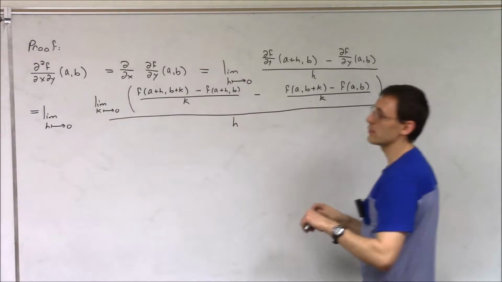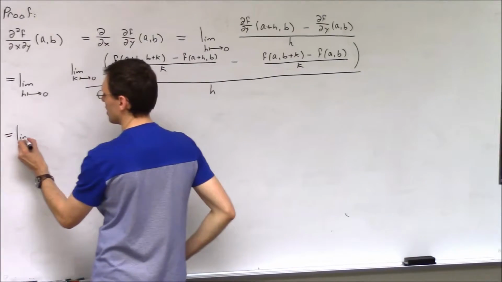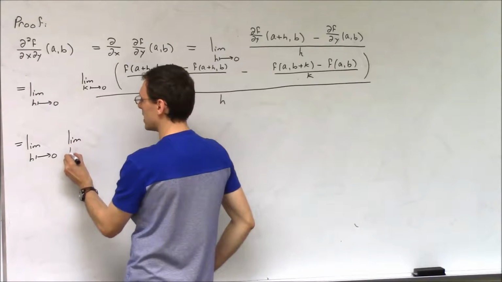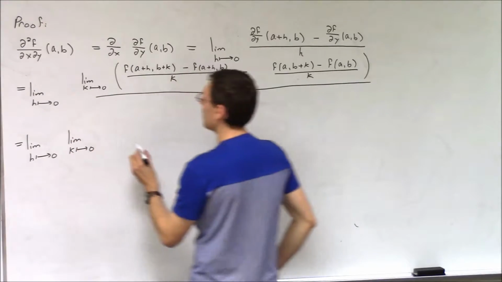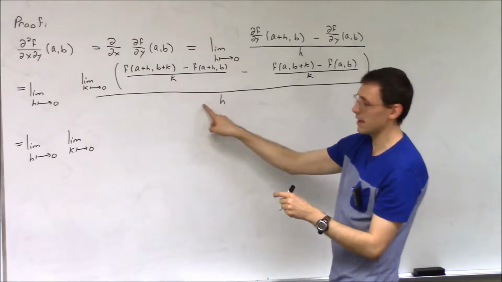So then if you pull out things and simplify, this is just the limit as h goes to 0 of the limit as k goes to 0 of the following expression. I just do some algebra. Basically, I move the k down.